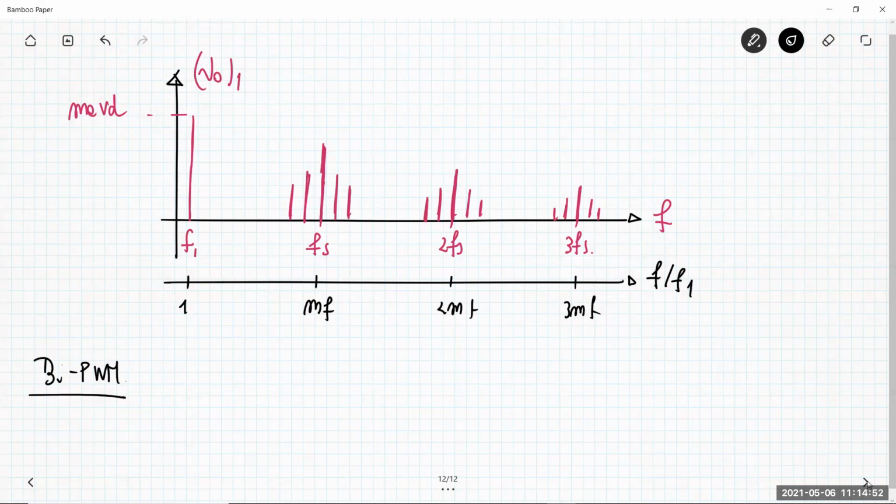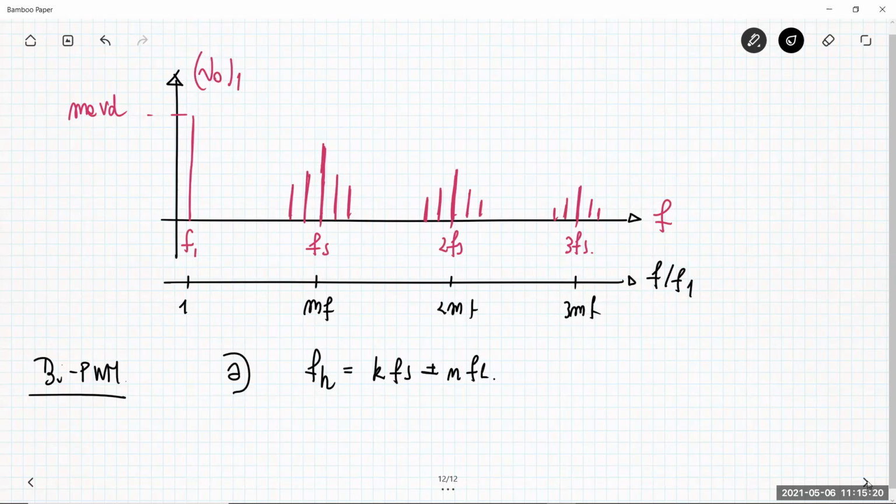It's the same as Fs. So we have the elimination of the odd order harmonics, for example, as it happens for the unipolar pulse width modulator. But basically, remember that FH, which is the intermodulation order, is K Fs plus or minus N F1.